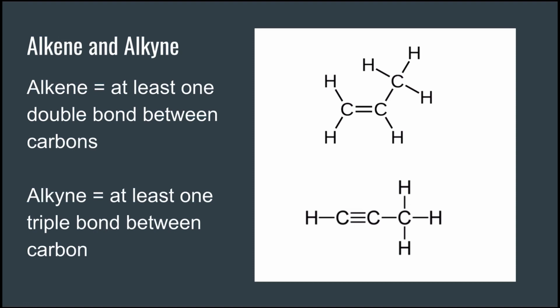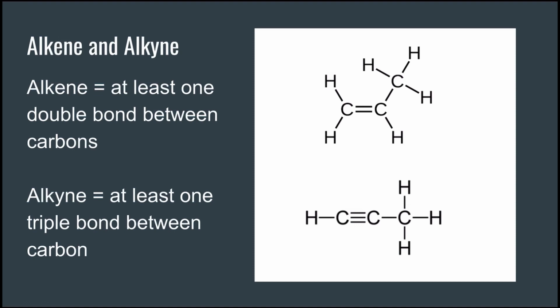Why is it propene? Well, we've got 3 carbons, and ene implies that there is at least one double bond, and we can see that within the first carbon. So it is propene, which is also an unsaturated molecule.